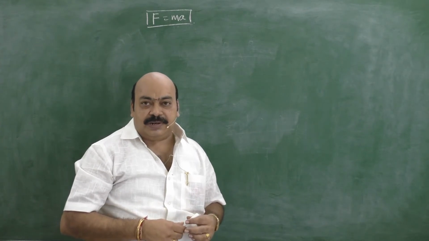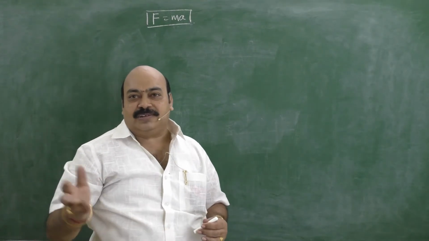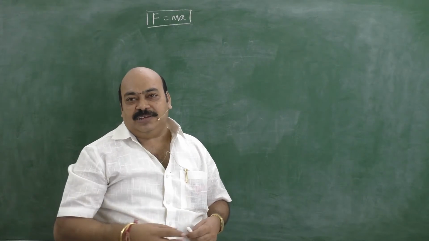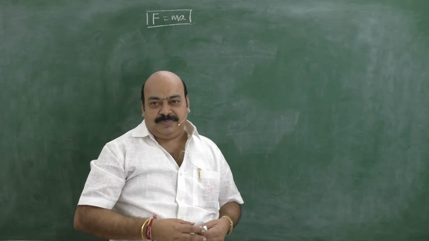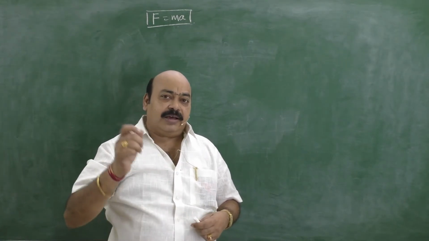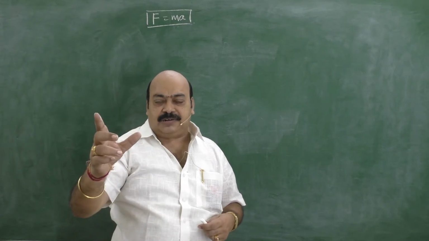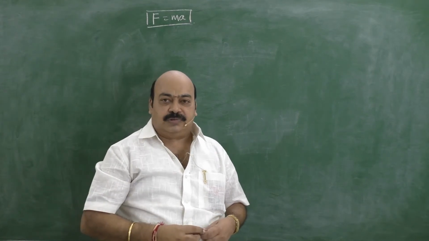For your information, it is not so easy to hold the gun as you observe on the screens. Your favorite hero can use the gun as he wishes, but practically we have to apply some force, because in the previous class we discussed recoiling force. When a bullet is delivered in the forward direction, the gun recoils back, and that is called recoiling force.